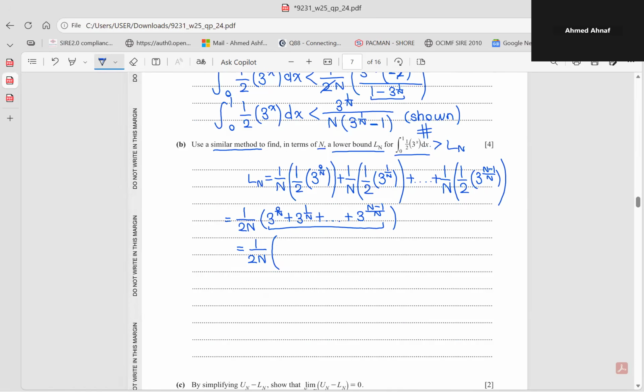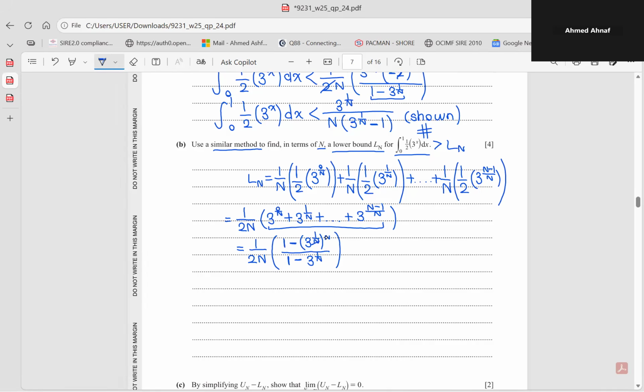Therefore a, which is the first term, is just going to be 3 to the power of 0, which is 1. So 1 times 1 minus r to the power of n. So r is 3 to the power of 1 over n, and n is just big N because there are n terms in total, not n minus 1, over 1 minus r, which is 1 minus 3 to the power of 1 over n.